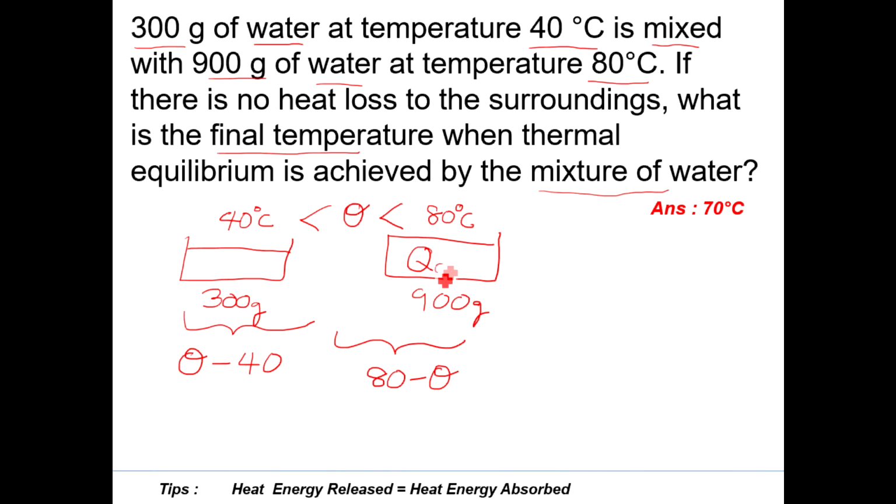So I can say Q out. And the 300 gram water will absorb heat. So here will be Q in. Right? And then Q released, the heat released by 900 gram of water, will be equal to the Q absorbed by the 300 gram of water.